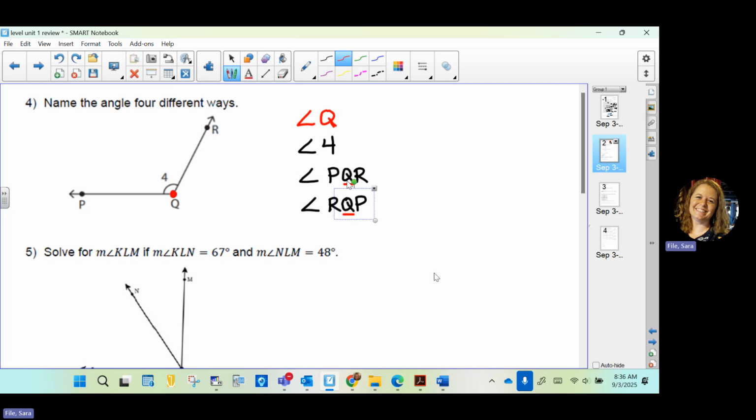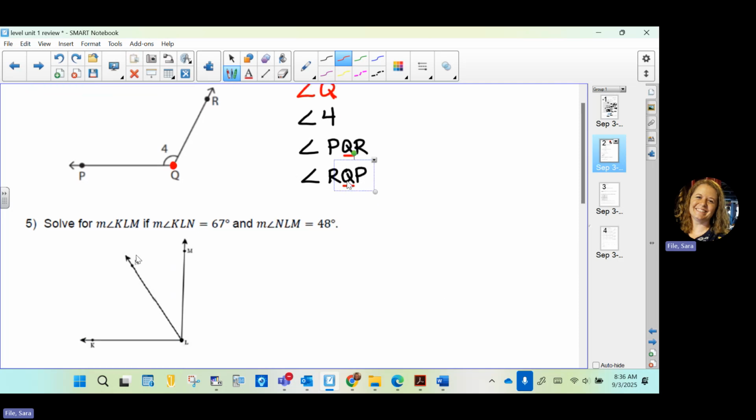Okay. In number 5, remember this little M in front of the angle symbol means measure. So it says solve for the measure of angle KLM. So first I'm going to trace that, KLM. So that's this big angle. That's what they want to know. They want to know the entire measure of that blue angle.